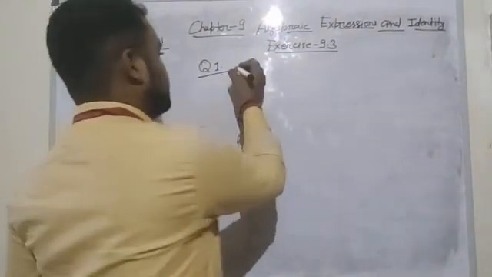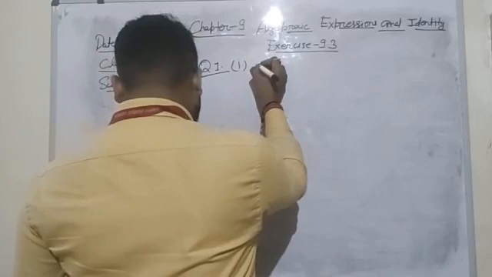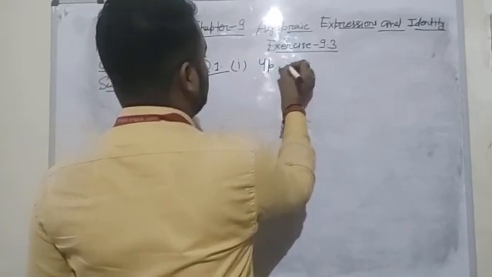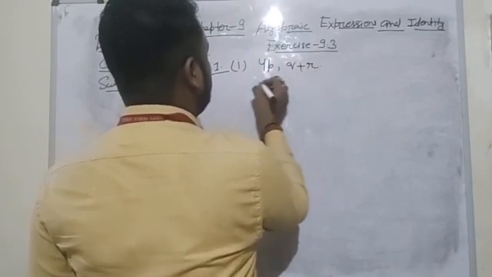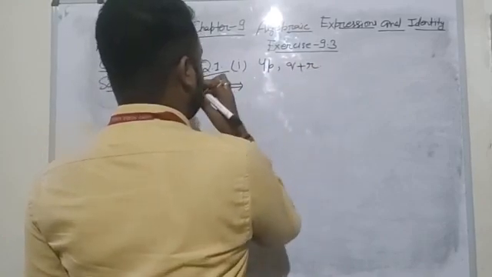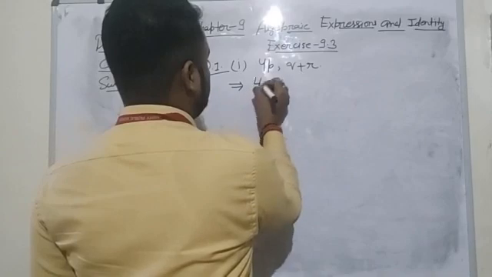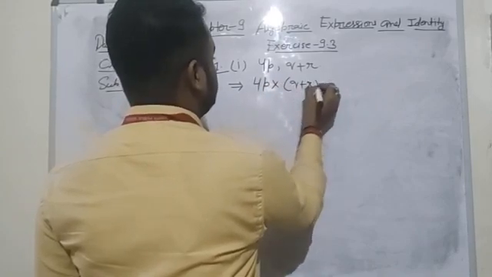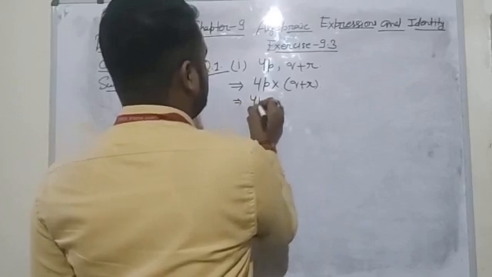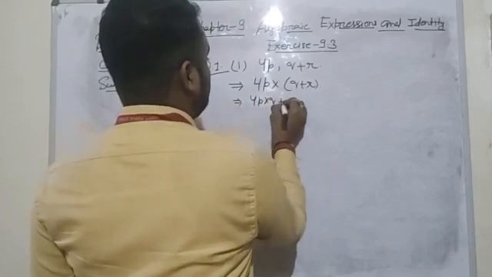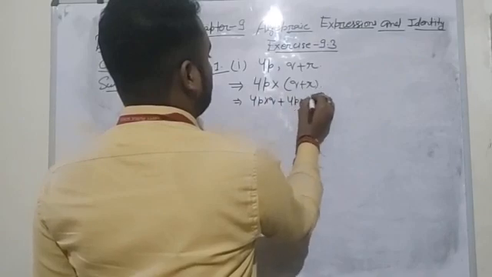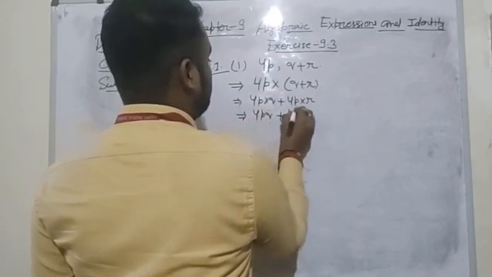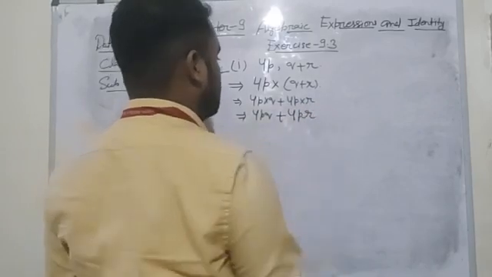The first pair is 4p and q + r. We have to multiply both algebraic expressions. 4p multiplied by q + r gives 4p into q plus 4p into r. So 4pq + 4pr is the product.